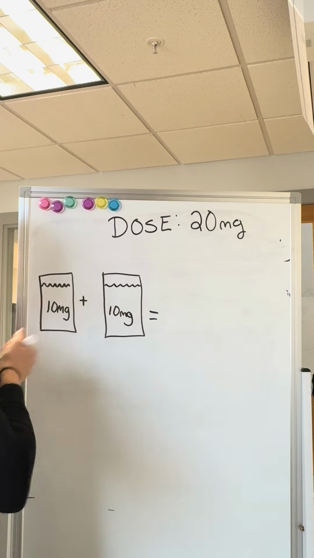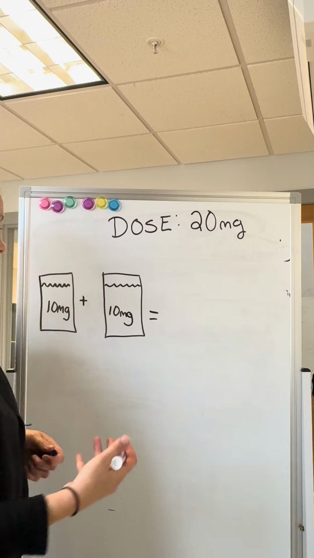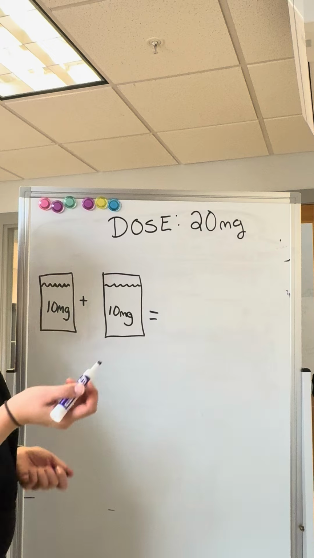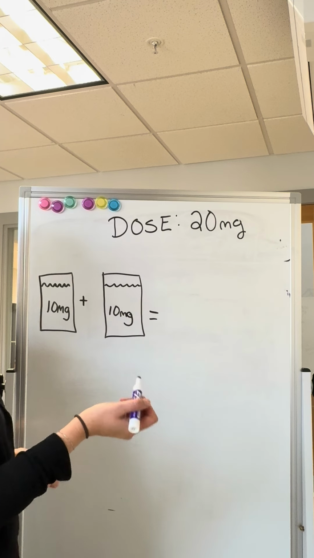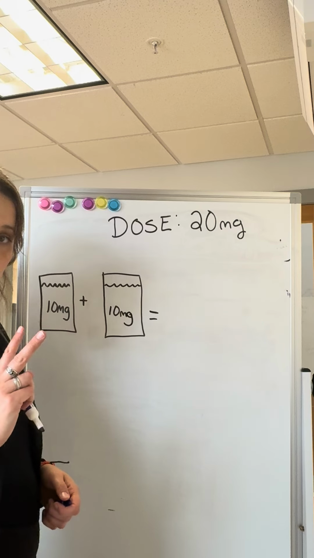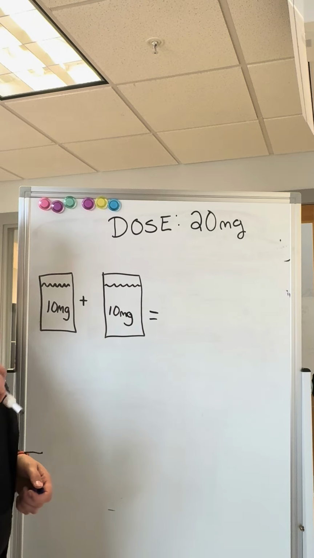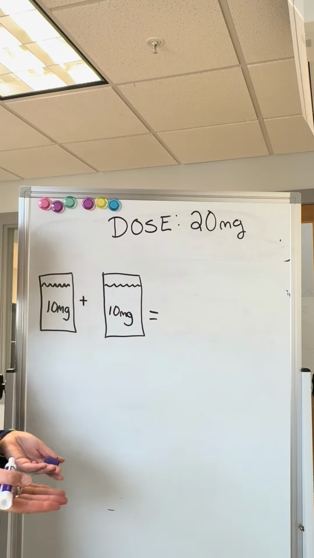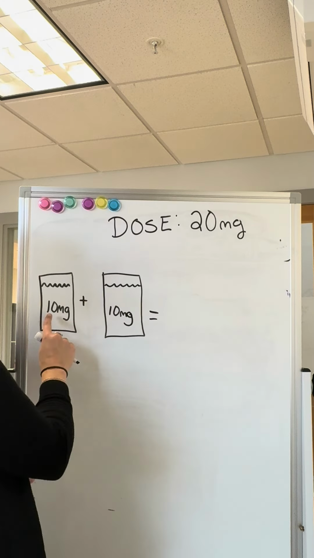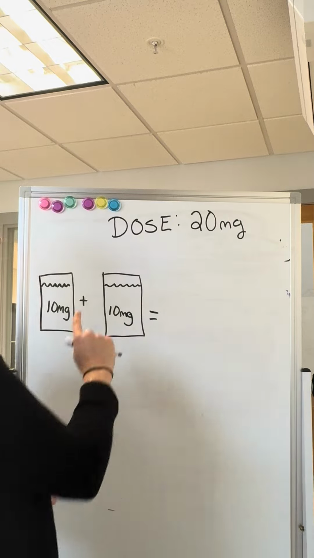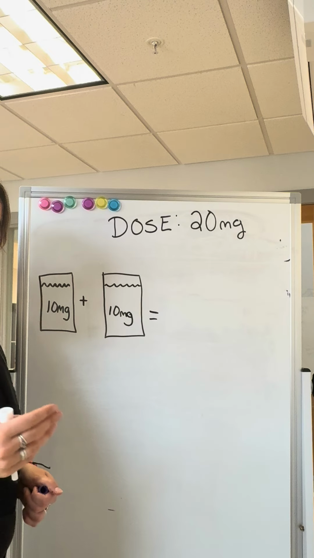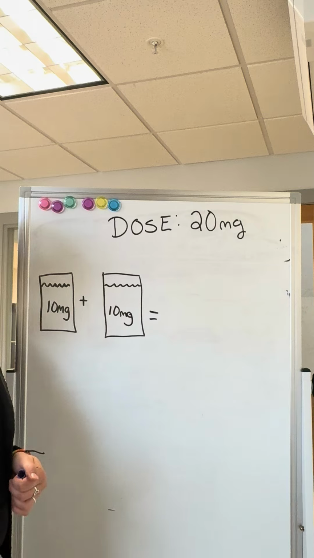So when we have concentrations of liquid medication, it's going to tell us the concentration or the strength, which is going to be two numbers, not one number, because we could do it with tabs, we can't do it with liquid, because I could know that in each one of these vials there's 10 milligrams, but what I also need to know is how much liquid is in each of these.